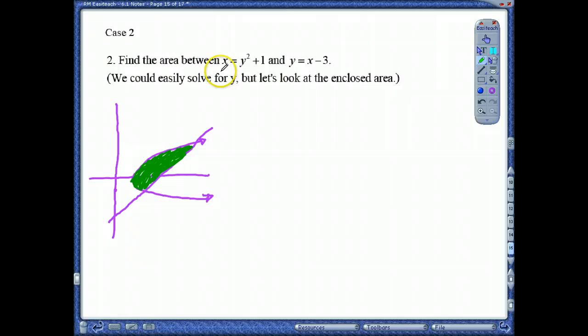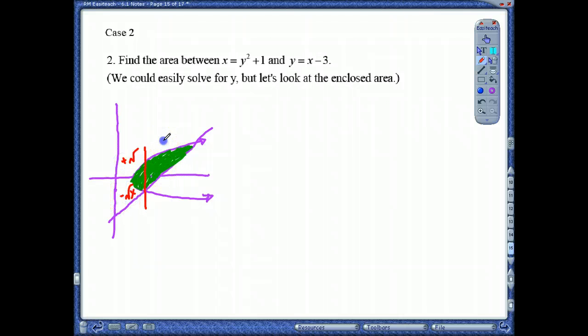Find the area between these two. Now, if I wanted to do this with respect to x, I could do that. But when I'm looking at this with respect to x, look at what happens. My top function and my bottom function aren't consistent throughout the whole thing. Here I would have that positive square root. Here I would have that negative square root.